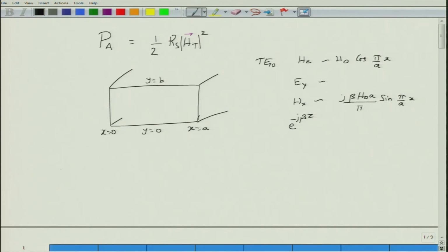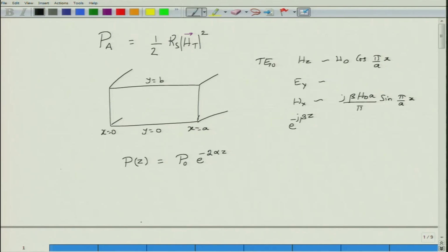Now, to determine attenuation, the procedure we follow is to recognize that the power carried by the mode as it propagates along the waveguide at any point z is given by the power at z equal to 0, which is the incident power you are coupling into the waveguide. This power is getting attenuated.